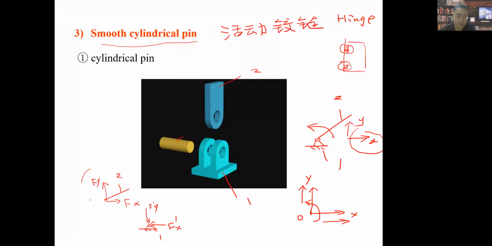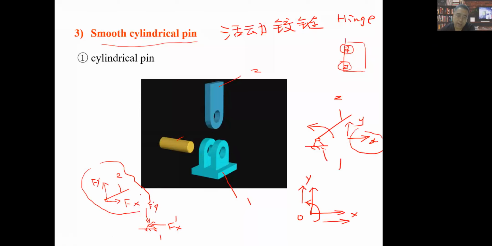And for the single body, because it has a cylindrical pin here, it will be acted on by two reaction forces, because Fx tries to prevent a movement along x-axis from happening, and Fy tries to prevent movement along y-axis from happening.